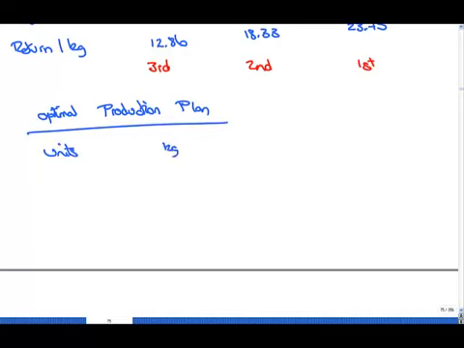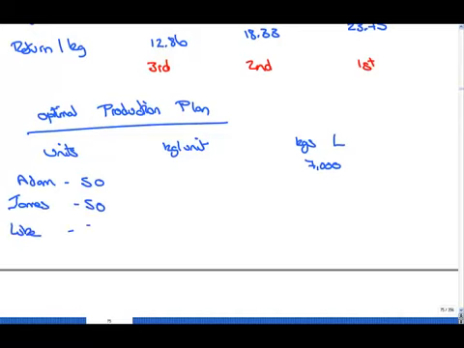I'll bring in my kilos per unit, and then I can get to my kilos of L. Now we know initially that we have 7,000 kilos. Now remember, before we apply our ranking, we've got to deal with that contract first of all. So for each of them, so for Adam, I'm going to do 50. For James, I will do 50. And for Luke, I will do 50.